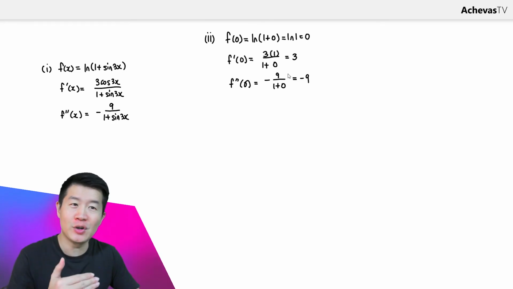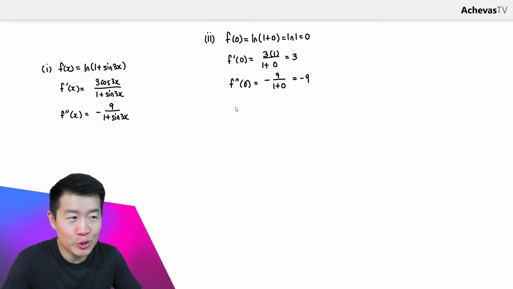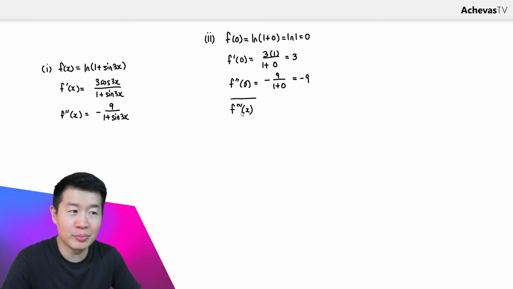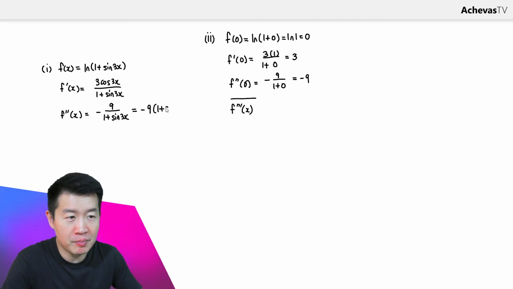So to get the third non-zero term, we have no choice but to go for f triple prime x. We're going to differentiate it 3 times. So I'm going to be differentiating this again to get f triple prime x. Let me re-express this as minus 9 times (1 plus sine of 3x) to the power of minus 1. I guess this is an easier form to differentiate.